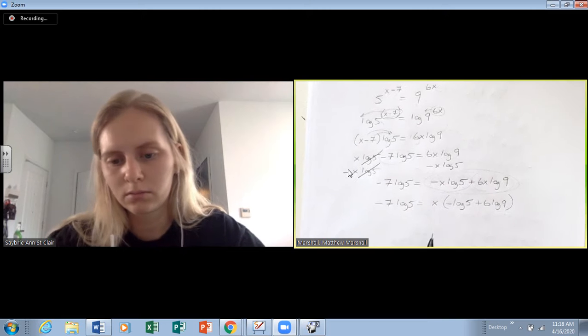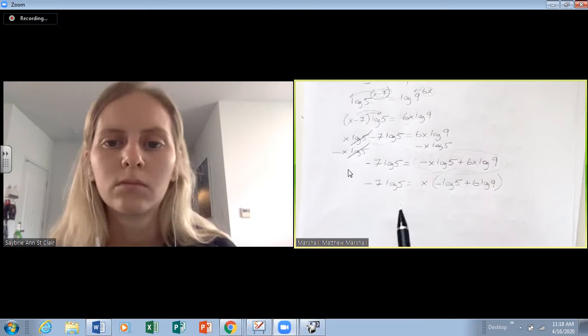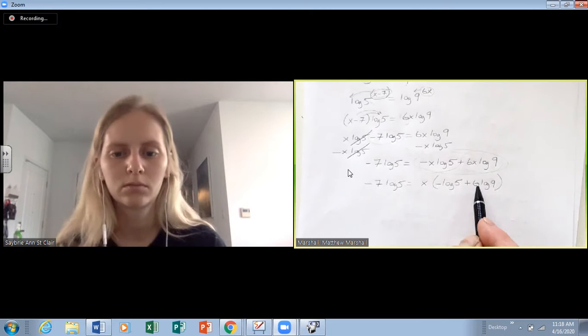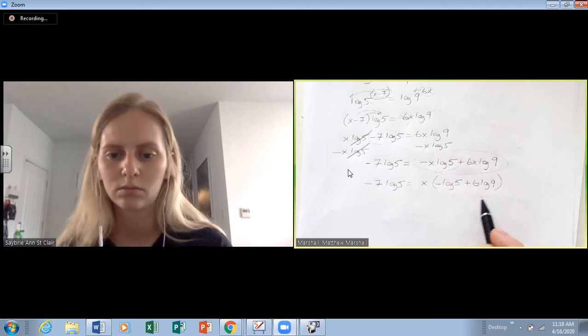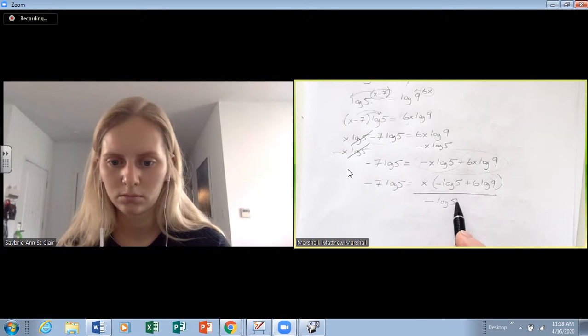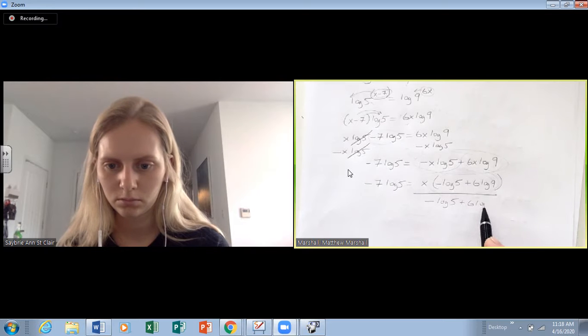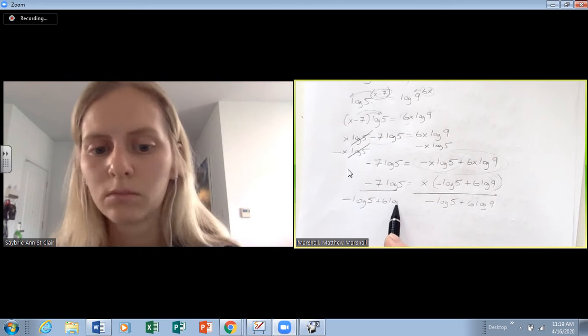That's kind of a confusing step right there. And then to get this x by itself, now I'm going to divide both sides by this whole yucky mess right here. So I'm going to divide this whole side by negative log 5 plus 6 log 9. And I've got to do the same to this side of the equation to keep it balanced.